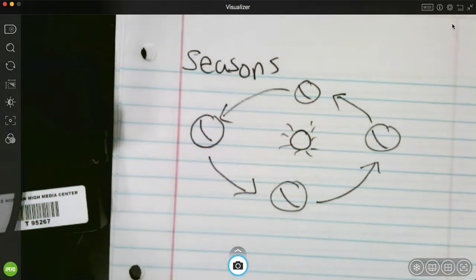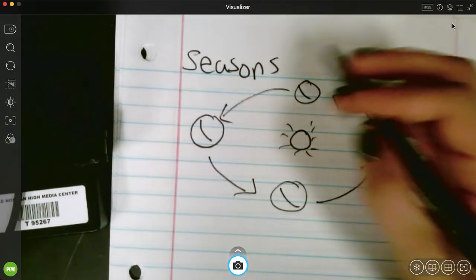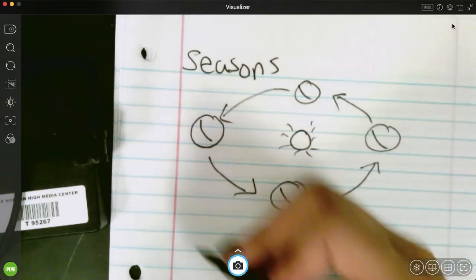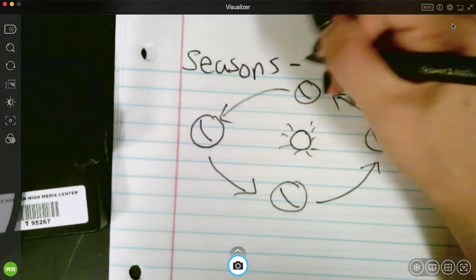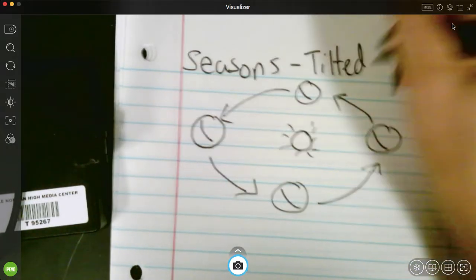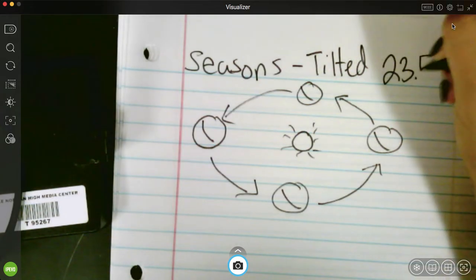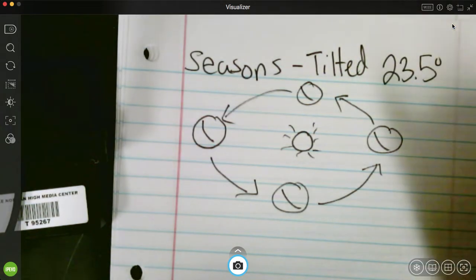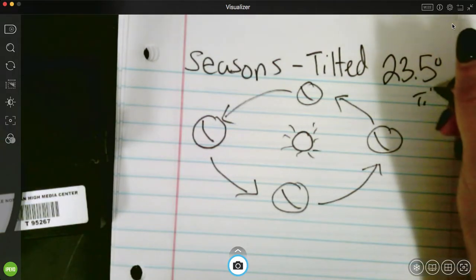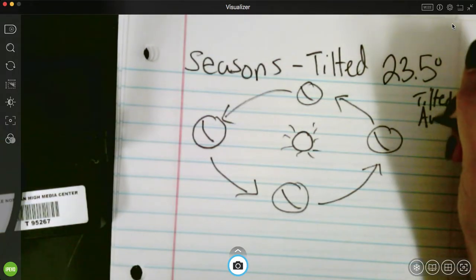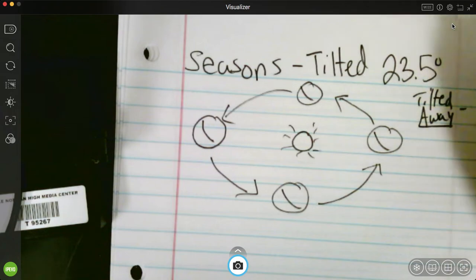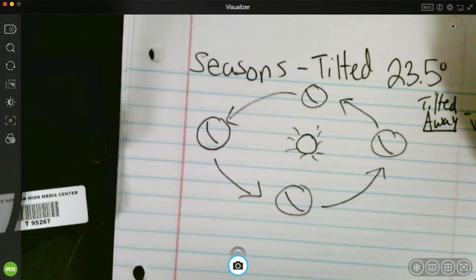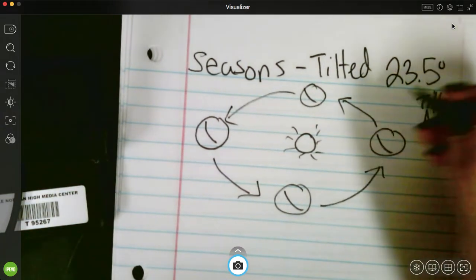All right, so we have the Earth as it's revolving around, and you see that the Earth is tilted at 23.5 degrees. When you're tilted away, that means it is winter because you are receiving less direct sunlight.